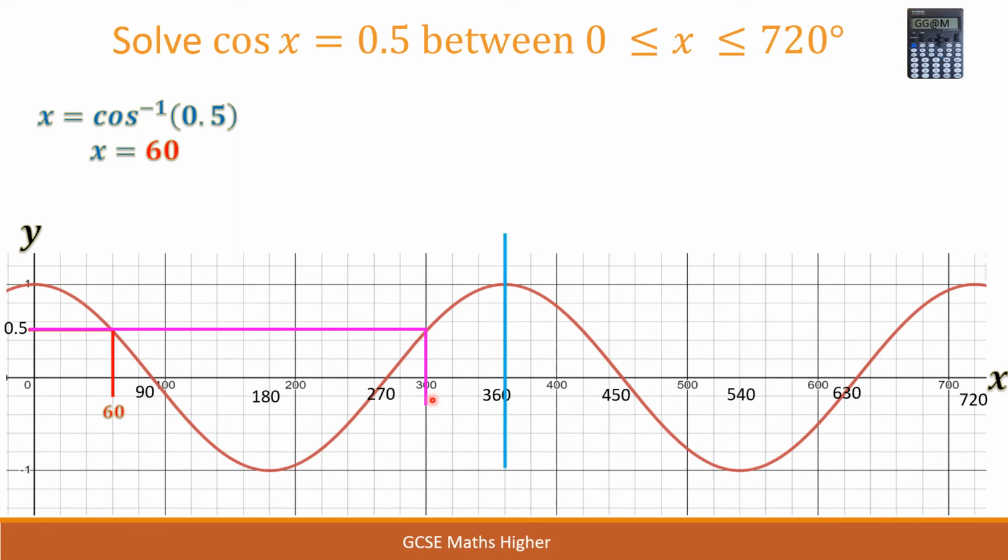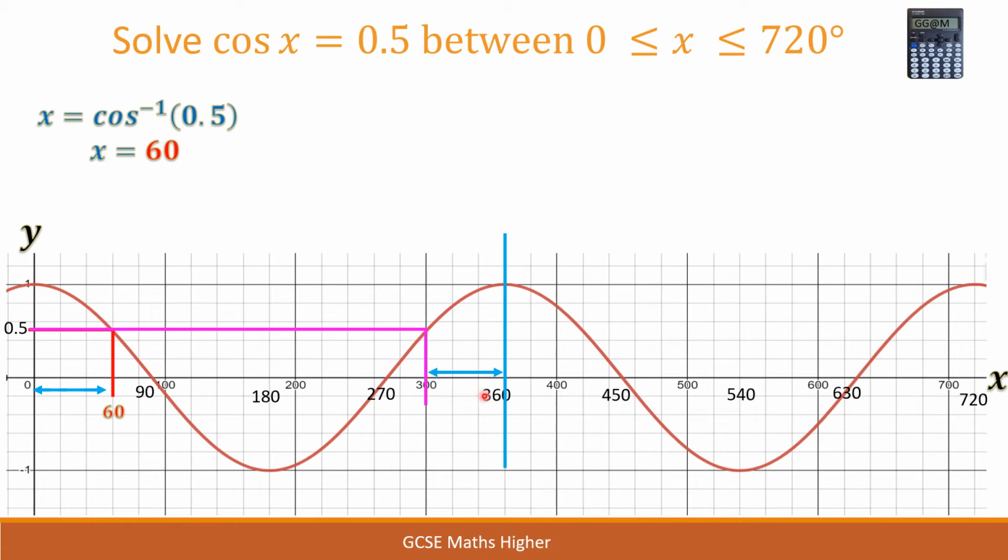This time we're going to imagine that we've got a line at 0 and we've got a line at 360. Now the curve is symmetrical about 180. It's going to be symmetrical about this middle point here. So the distance between 0 and 60 is the same as the distance on the right hand side between 300 and 360.